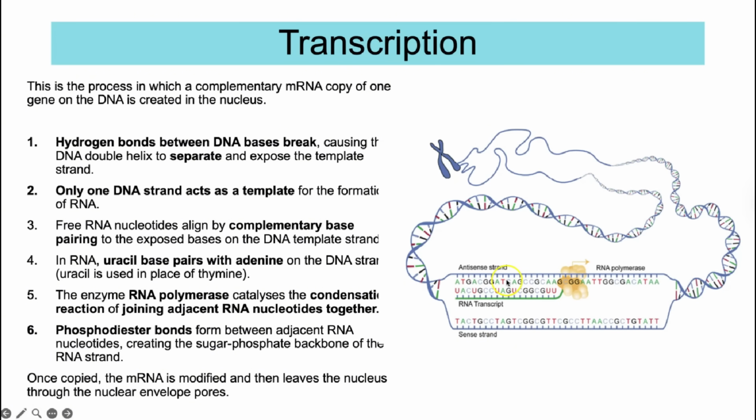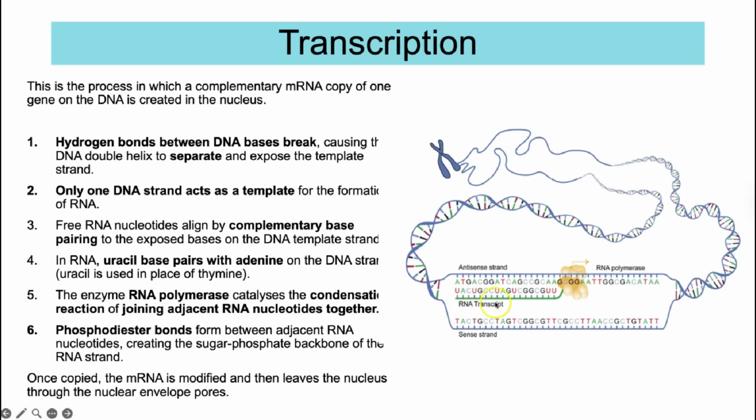First of all, for our DNA molecule, hydrogen bonds are broken between the DNA bases, and that causes the double helix to unwind, like we can see here, and the 2 strands to separate. And one of those strands then acts as the template for the creation of the new mRNA strand.